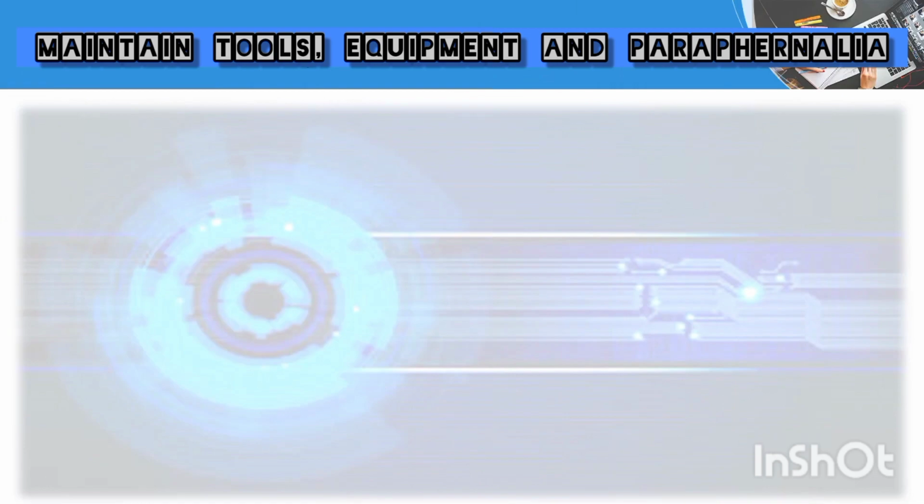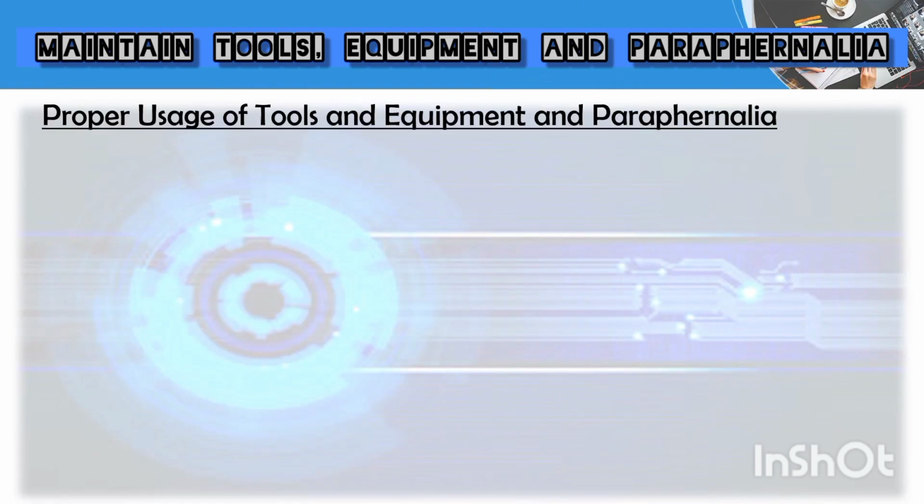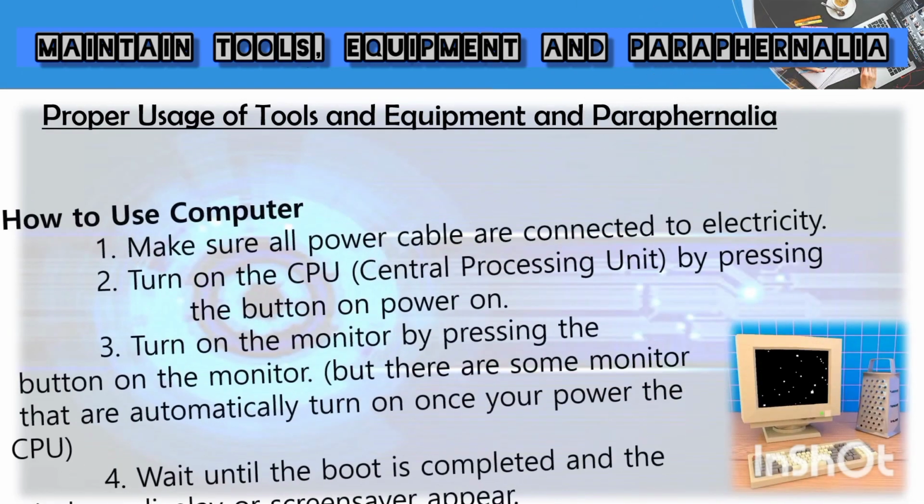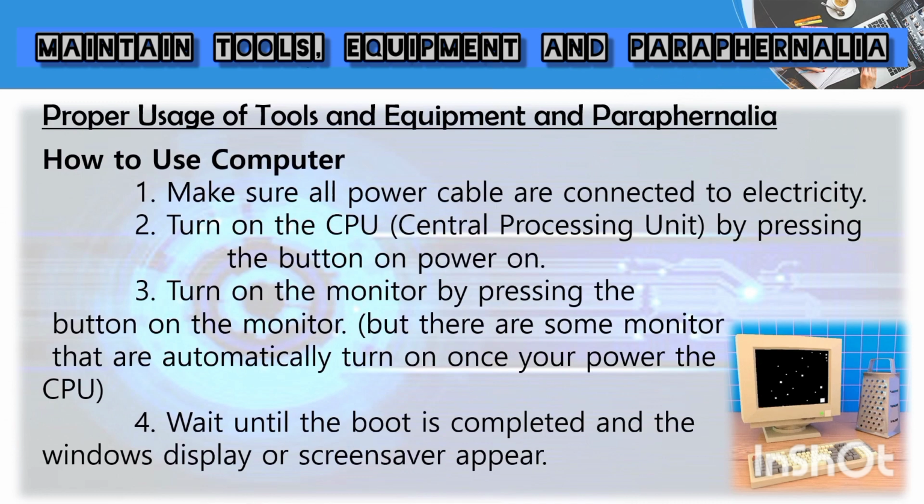Okay, now let's proceed to the proper usage of tools, equipment, and paraphernalia. So here are the proper ways to use a computer. First, make sure all power cables are connected to electricity. Second, turn on the CPU or the central processing unit by pressing the power button. Third, turn on the monitor by pressing the button on the monitor.